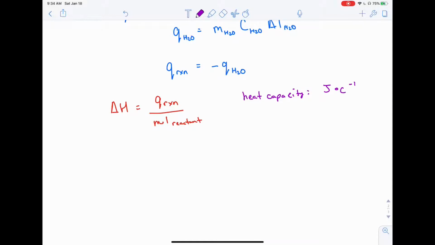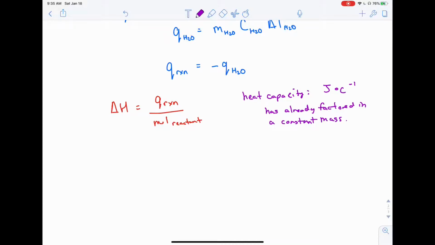So what heat capacity has done is already factored in a constant mass. Heat capacity is when you're doing a calorimetry problem and you're using the same amount of everything every single time, but instead of having to plug that number in every time, they factor that in already. So notice there's no mass here. So the mass of the water doesn't matter because it's already been factored in.